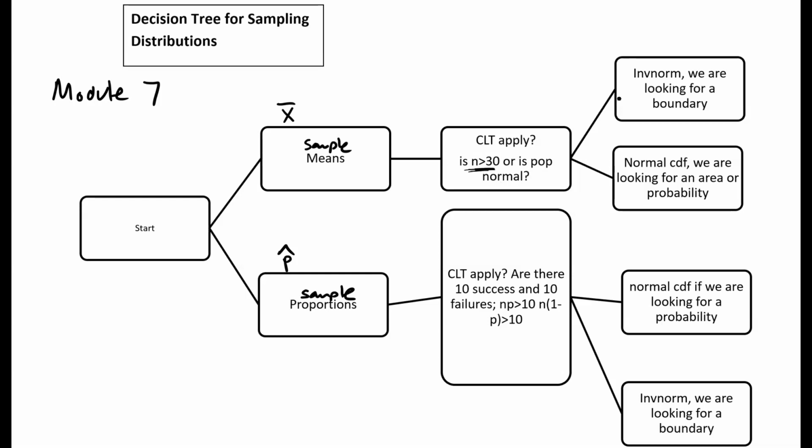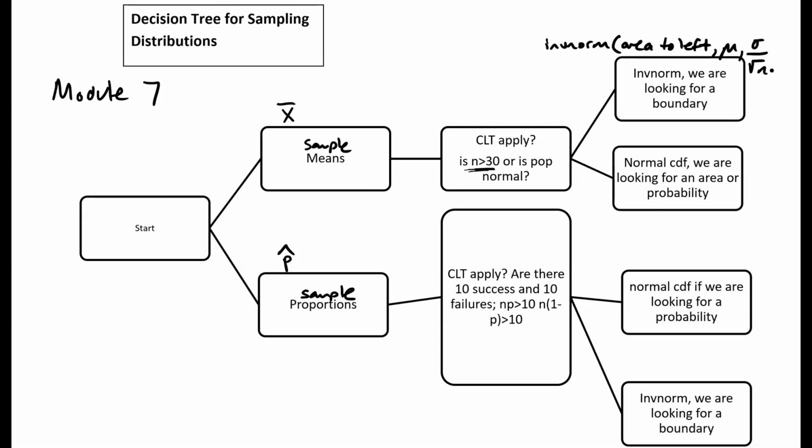The two types of tools that we used in Module 7 were inverse norm and normal CDF. If you were using inverse norm, where you would have been looking for a boundary or a value or a percentile, remember we always put in the area to the left of some value of interest, and then we put in the mean and the standard deviation.